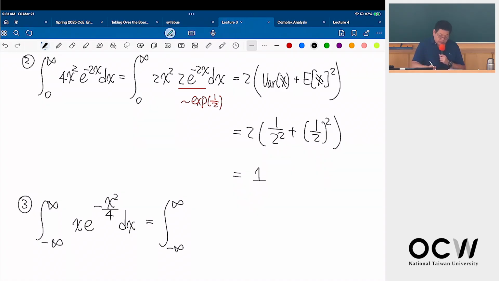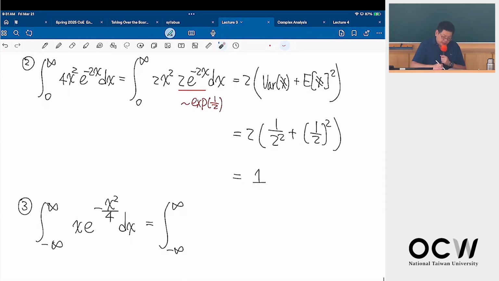We still need to observe it is the integration from minus infinity to infinity. And I have an exponential where the exponent is x squared. Since this is x squared, we may think about Gaussian. If this is e to just minus x, then we may think about exponential.